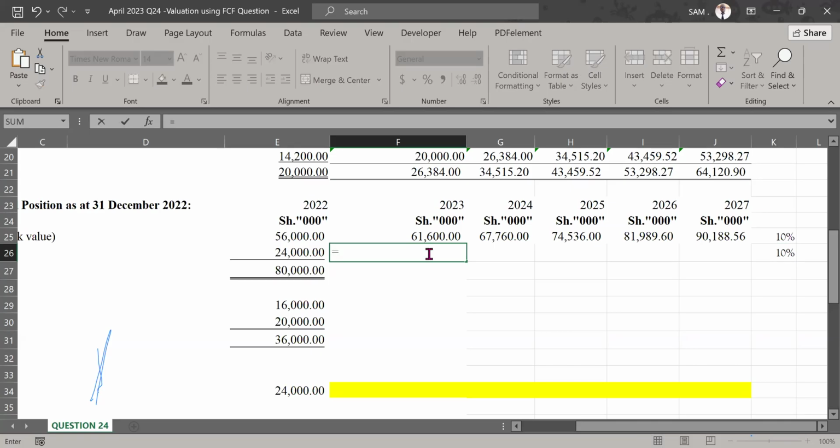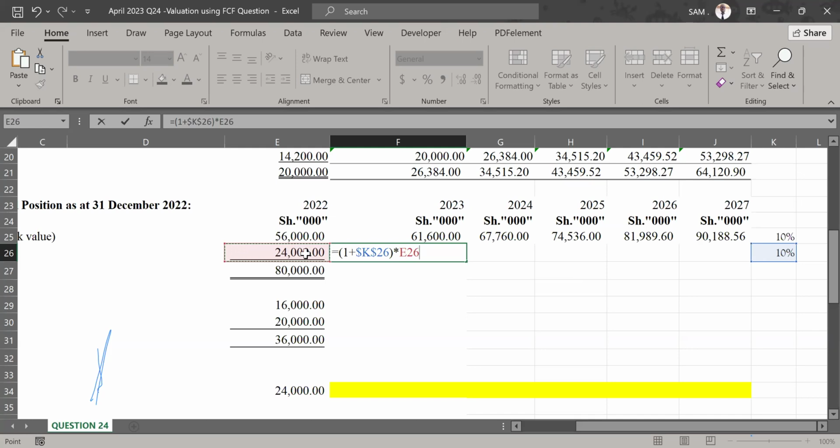Put an equal sign, open a bracket, 1 plus that growth rate, right? And because we expect the growth rate to remain constant for all the years, make sure you fully lock it like that. Then you close that bracket, multiply by the figure in 2022, which is 24,000.